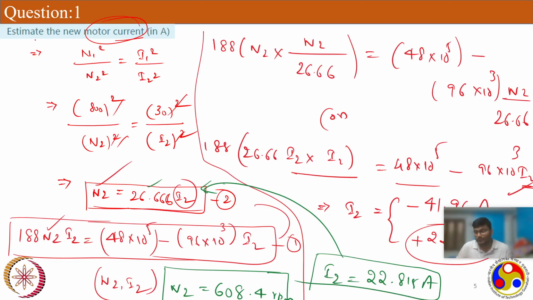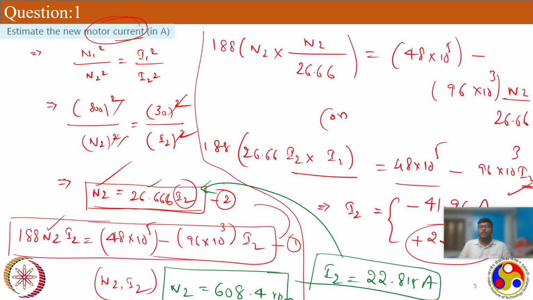Motor current is whatever current is flowing through the motor. It is the armature current. In the series motor, my armature current is the same as my series current, which is the same as the supply current. Already, without even knowing the question itself, we solved for that current in this problem, because we need the information of I2 in order to solve for N2.